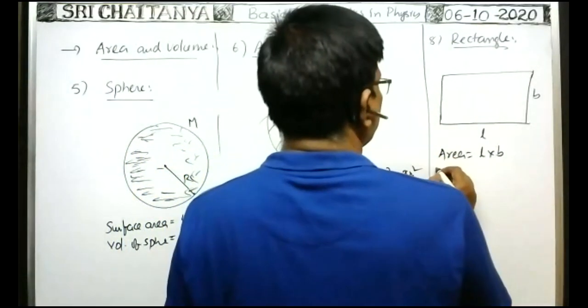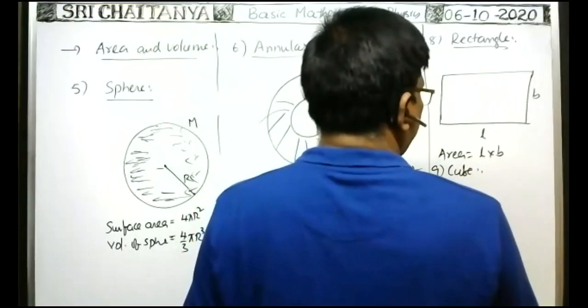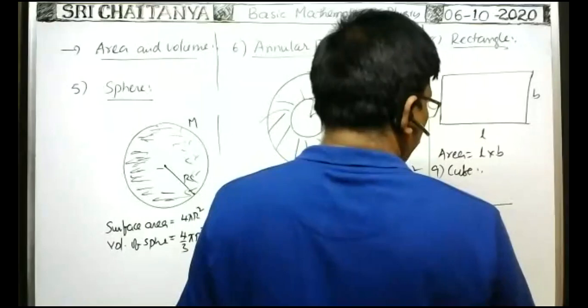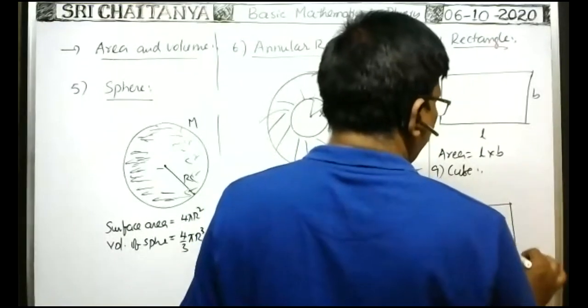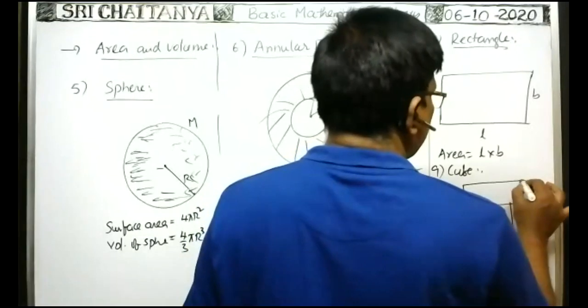Next, what about the cube? In the case of a cube, every surface is in the form of a square, having 6 surfaces like this.